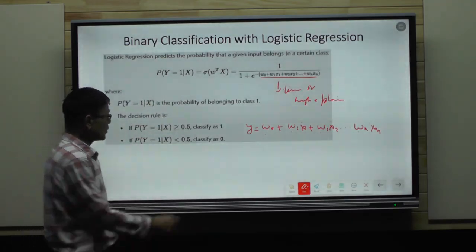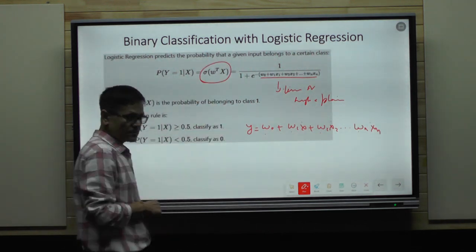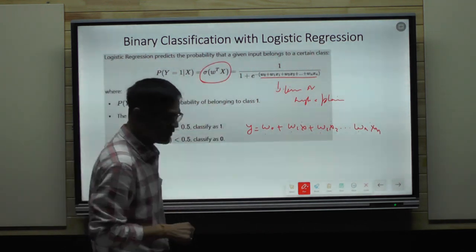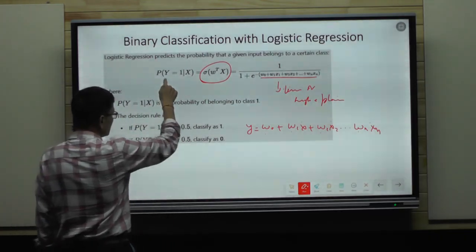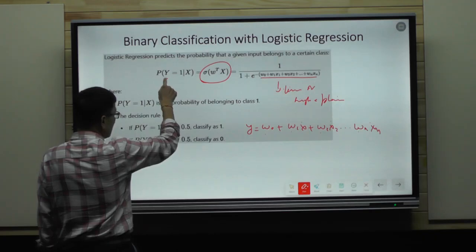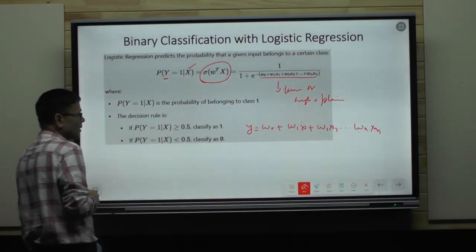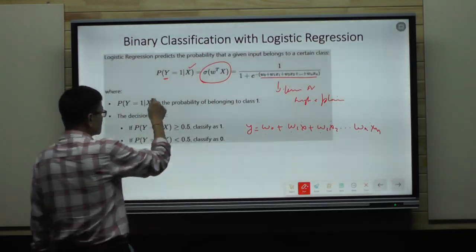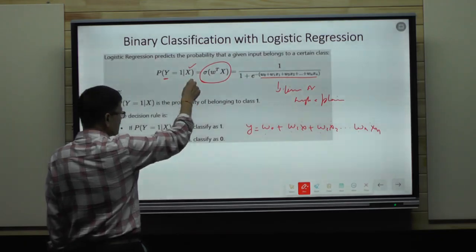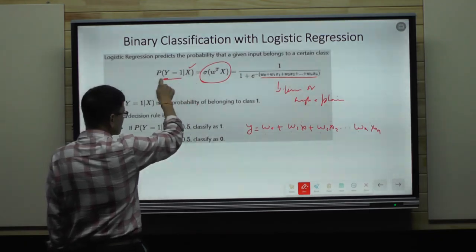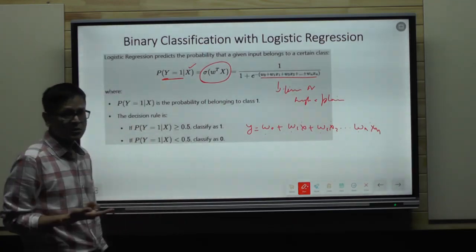So this was our original sigmoid function. It will give the value of y for x. We can test, for a certain input, whether this y belongs to class 1 or class 0.